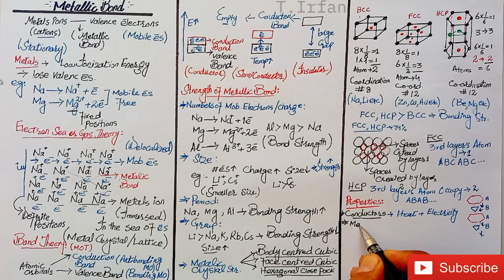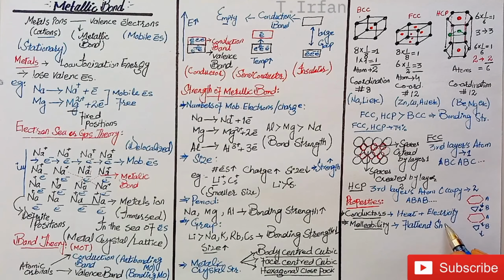Metals are malleable. We can turn the metals into flat sheets. Metals are ductile. We can turn the metals into wire. This property is known as ductility.